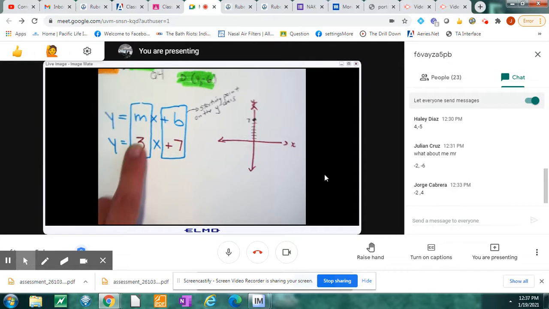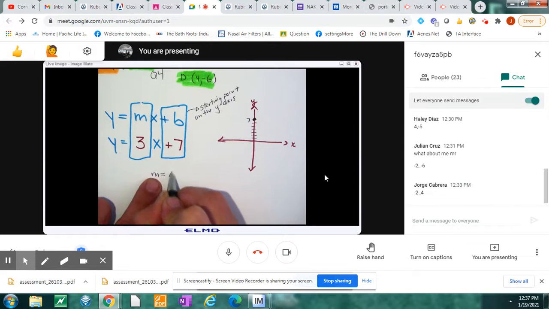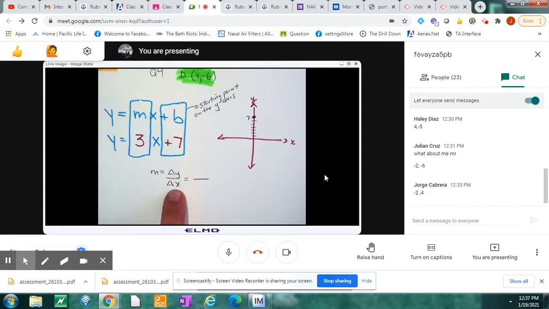So m is the change in Y over the change in X. Some teachers say rise over run. Yeah, but that's not really the meaning. It's the change of Y over the change of X.